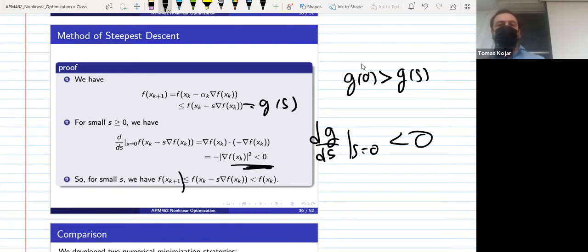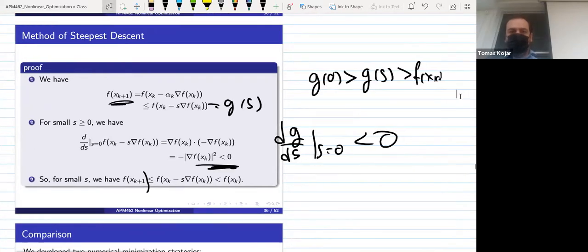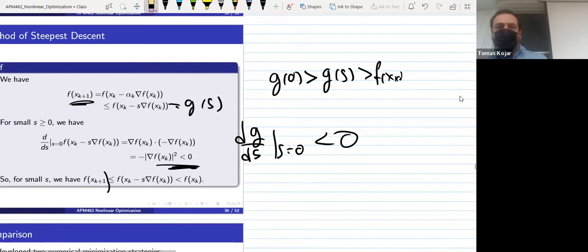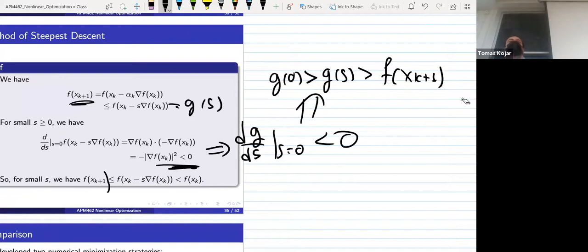And just take this one over here, f of xk plus 1. So this guy shows that g of 0 is a local max.